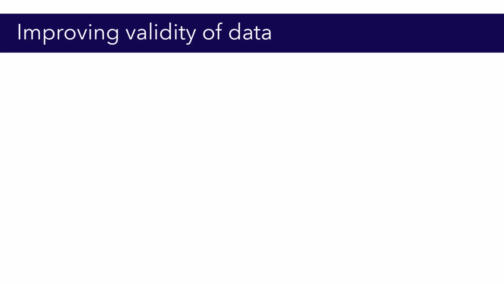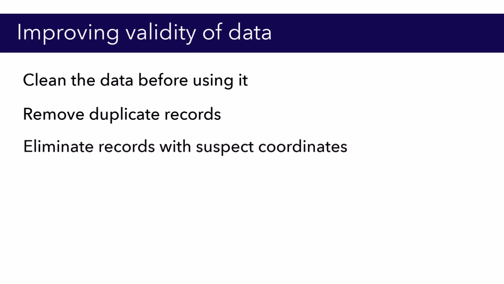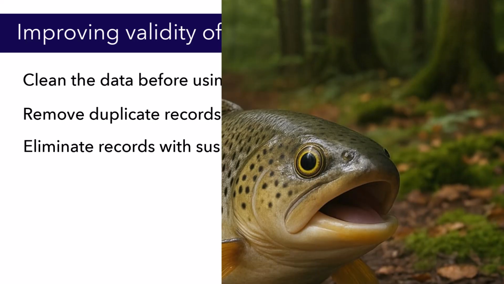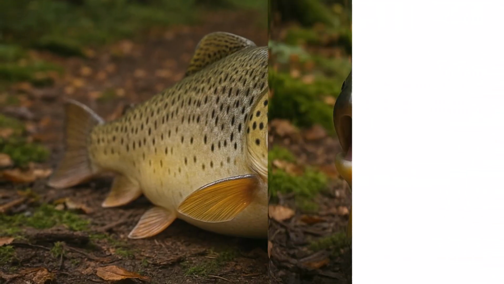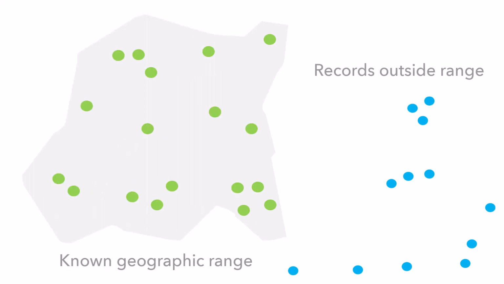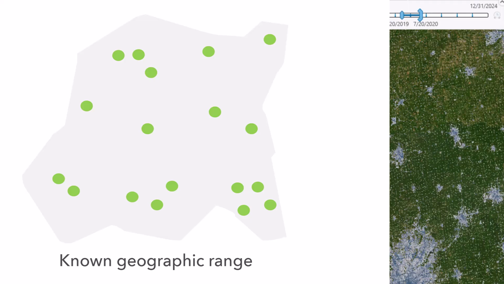Steps can be taken to check and improve the validity of the data and clean it before using it. Data cleaning can help remove duplicate records, eliminate records that have suspect coordinates, like on Null Island, and remove suspicious observations, like a fish being sighted on land. Records outside the known geographic range of a species are often also removed to improve the quality of the data.